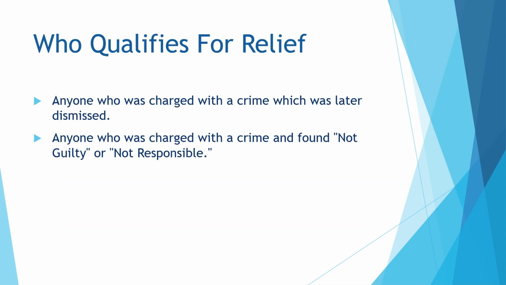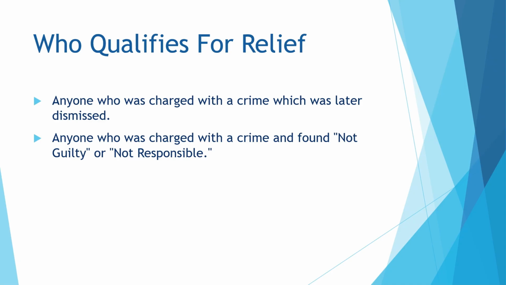So let's, just to be really explicit, who qualifies for the type of relief that we are talking about in this presentation? Anyone who was charged with a crime that was later dismissed, just like we were talking about in the last slide, the DA says, I don't have enough evidence, or I don't think this is the person, or I don't want to prosecute, I am going to dismiss the charges against you. If you have a charge that says dismissed, voluntary dismissal, there's a variety of labels for it, but that says dismissed, you can apply for the kind of relief we're talking about today.